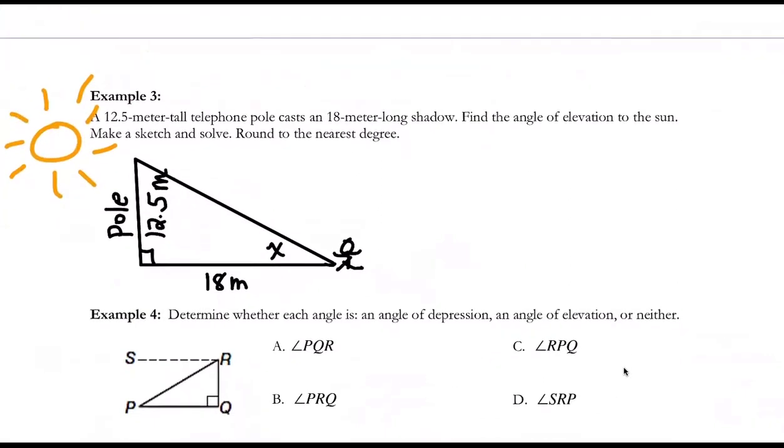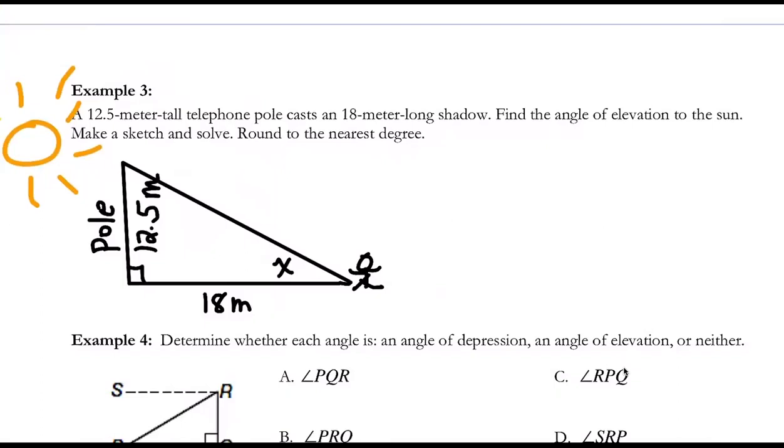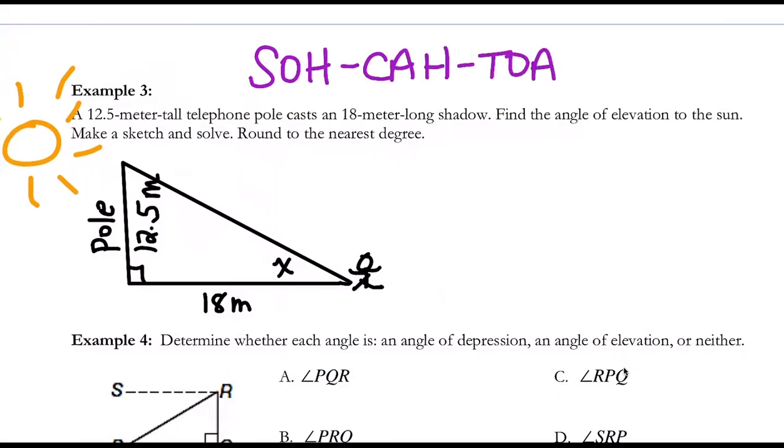Okay, so we're going to figure out what to do. Again, let's do sine, cosine, tangent. So, TOA. Okay, in the triangle here, in relation to angle X, we have the 18, we have the 12.5. So in relation to angle X, we have the opposite across the triangle, then we have the adjacent, which is the leg that's beside the angle.